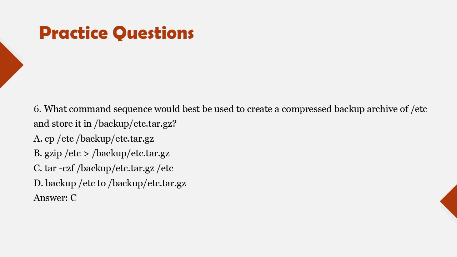6. What command sequence would best be used to create a compressed backup archive of /etc and store it in /backup/etc.tar.gz? A. cp /etc /backup/etc.tar.gz.